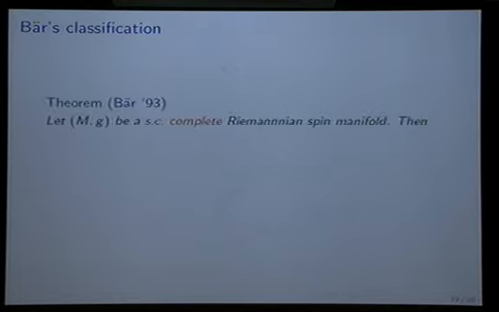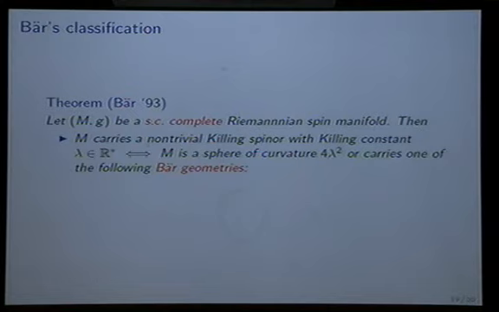In principle, we can apply our methods if we had such a classification, but for the moment it's only known for the Riemannian and Lorentzian case. So let me recall the Bär classification. Bär classified simply connected complete Riemannian spin manifolds which admit Killing spinors.